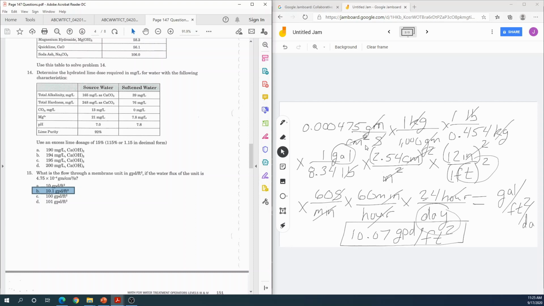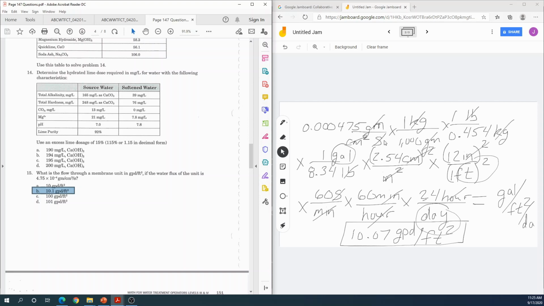So we started by writing out 0.000475 grams per centimeter squared per second, converted from grams to kilograms, then from kilograms to pounds, pounds to gallons. Then we looked at our area, so we converted from centimeters squared to inches squared, from inches squared to feet squared.